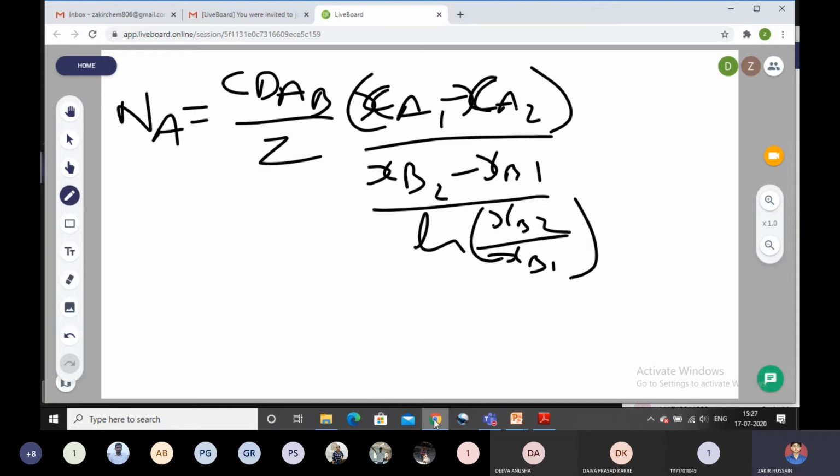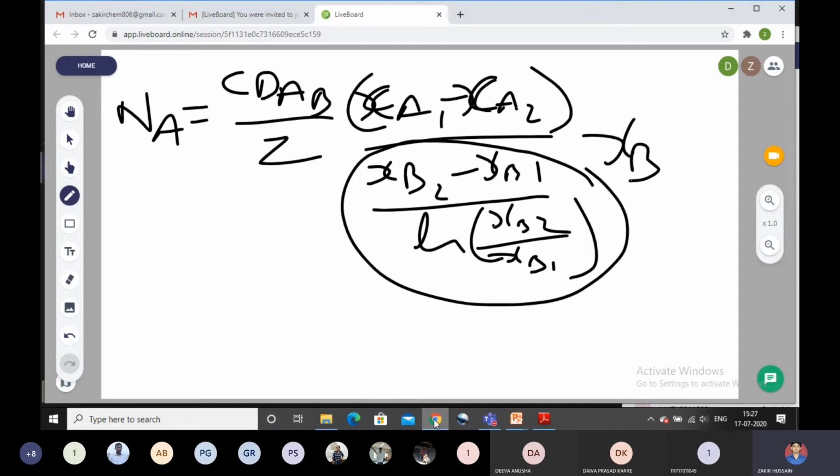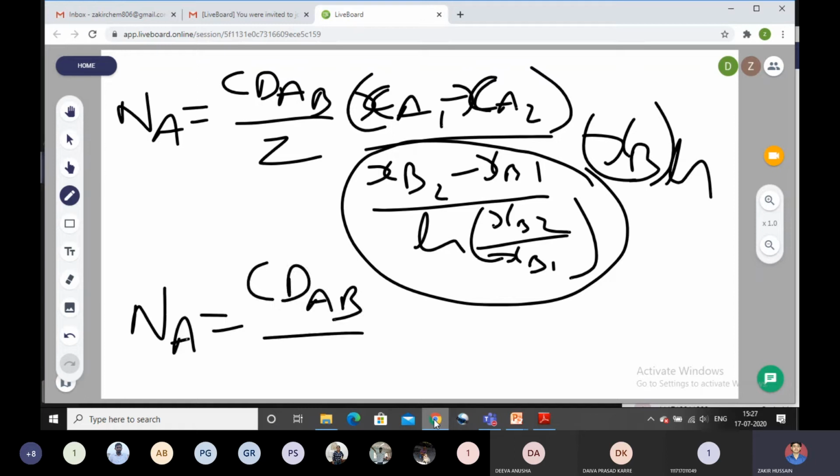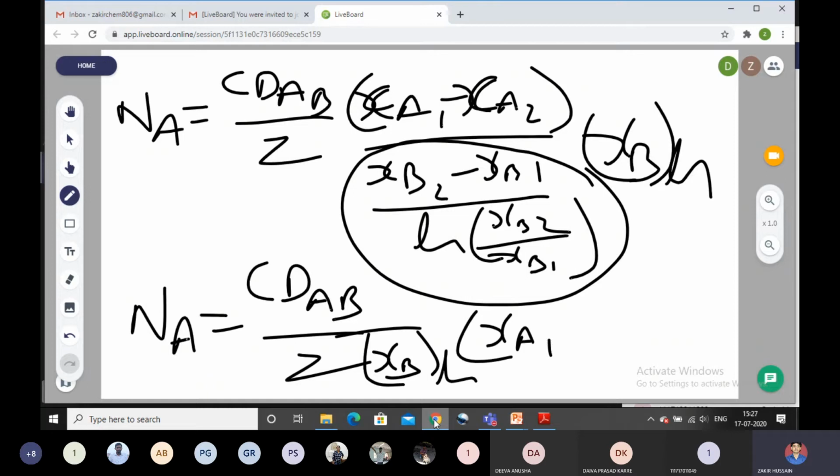Now in all these places we can write XB ln. So the final equation will be Na is equal to CDAB by Z, further we can write XB ln into XA1 minus XA2.